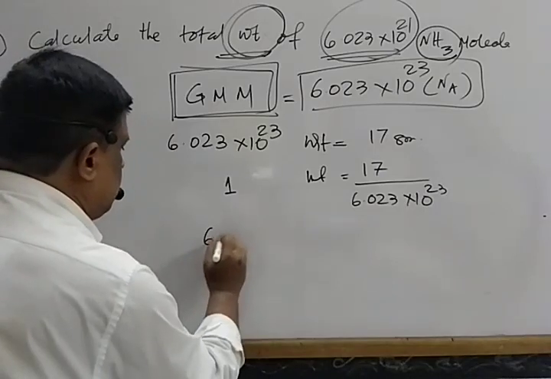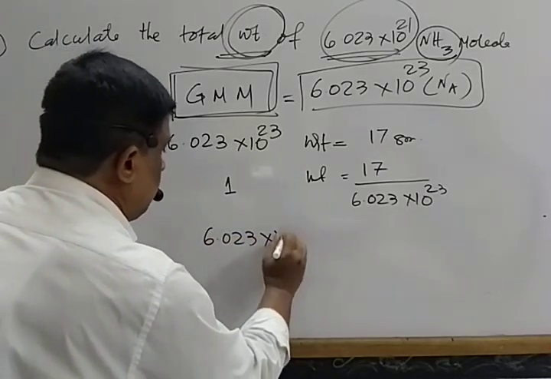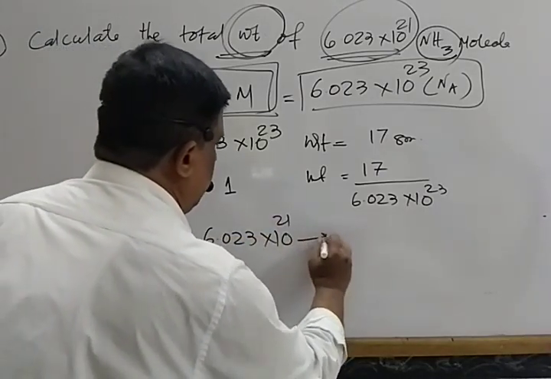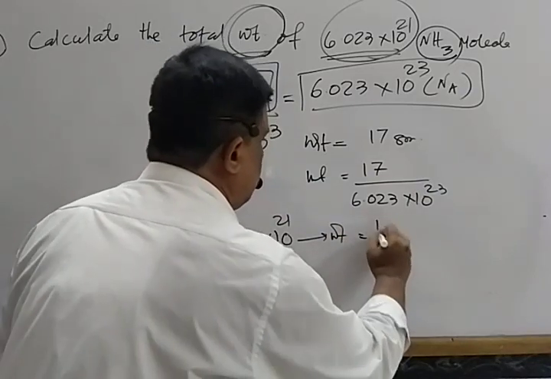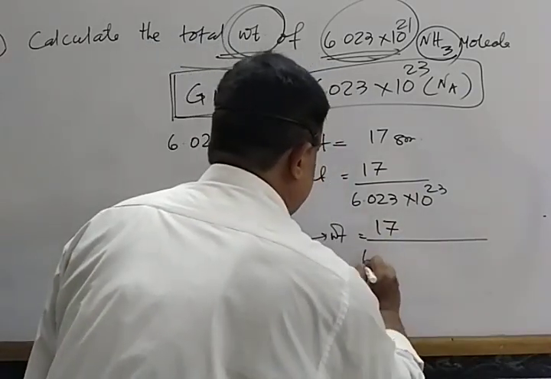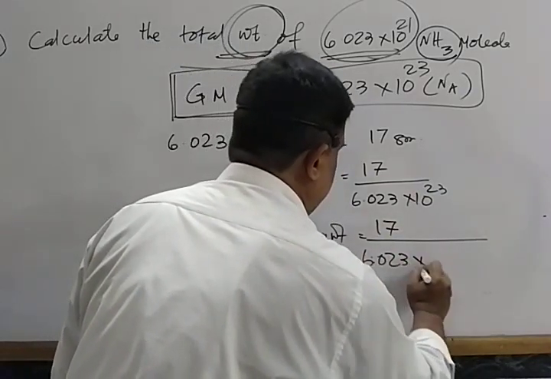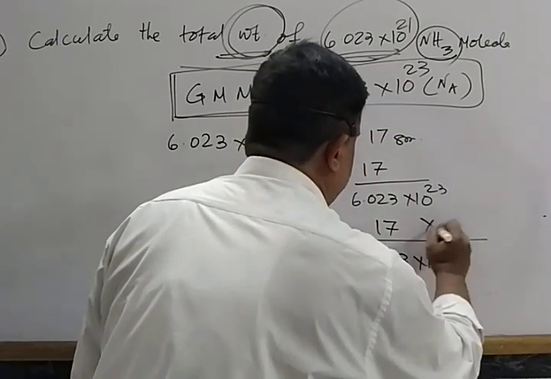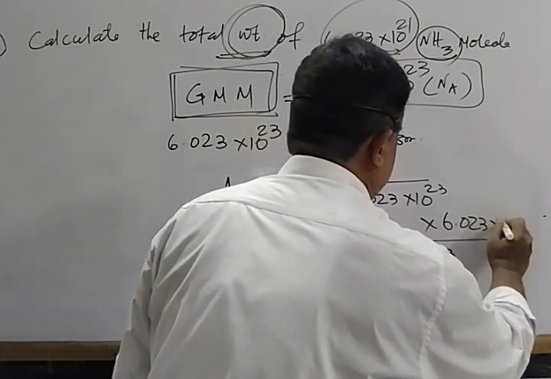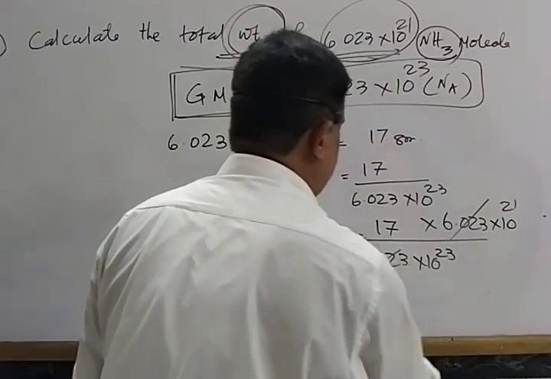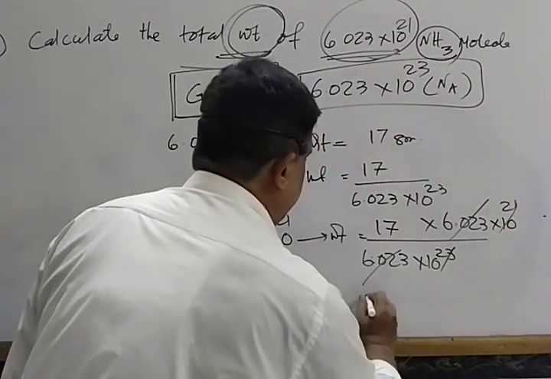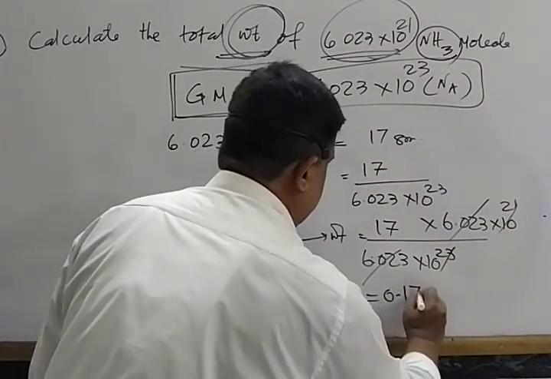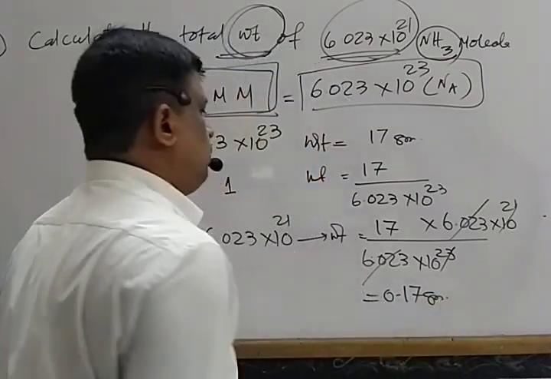Then according to the question, 6.023 into 10 to the power 21 molecular weight is equivalent to 17 by 6.023 into 10 to the power 23 into 6.023 into 10 to the power 21. Cancel out, it is 100. That means 0.17 gram.